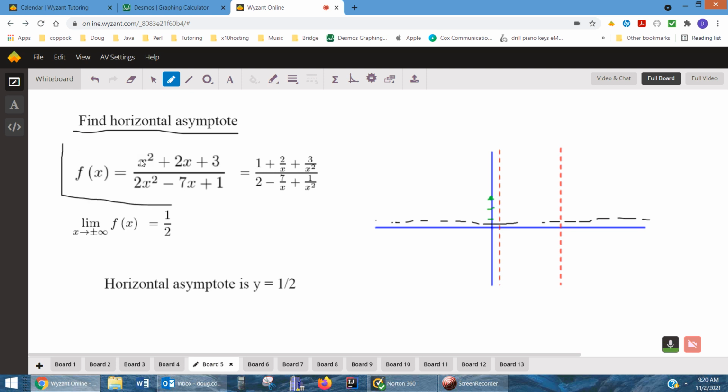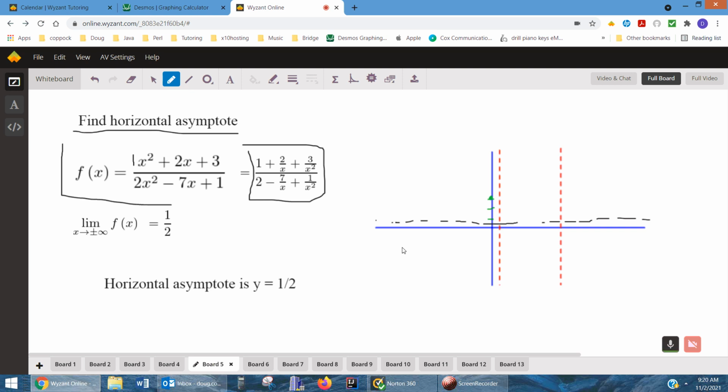If I divide through by x squared, which is just another way to write the original function, divide every term by the highest degree, the coefficients of the highest degree terms determine the horizontal asymptote. This occurs when the degree of the denominator equals the degree of the numerator. There's your horizontal asymptote.